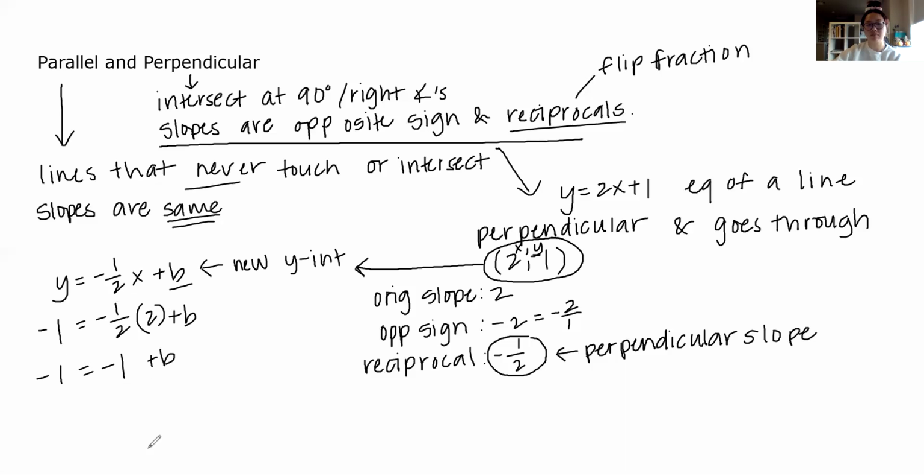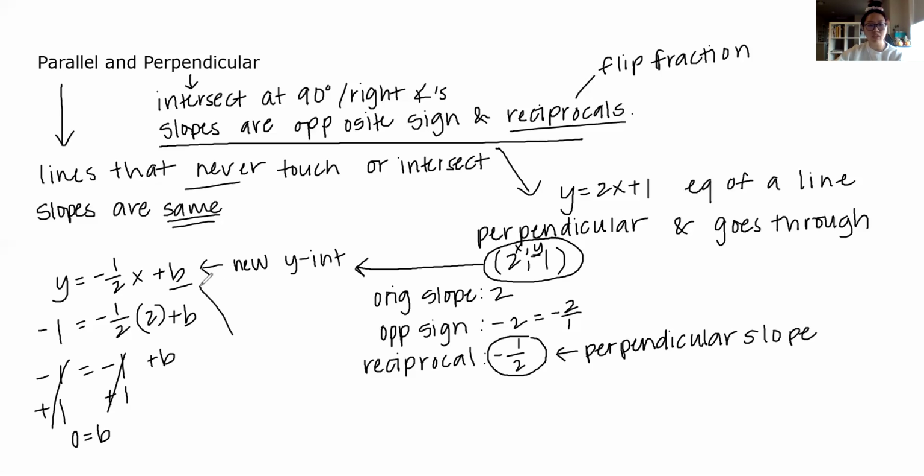plus b. Now, I need to move this -1 over to the other side. Since it's being subtracted, I do the opposite and add to both sides. These cancel out, and I find that b equals 0.